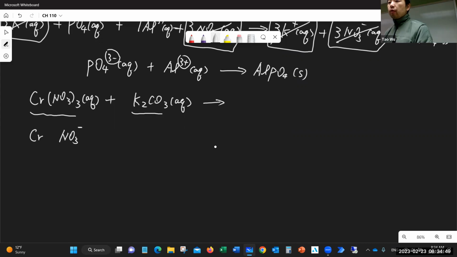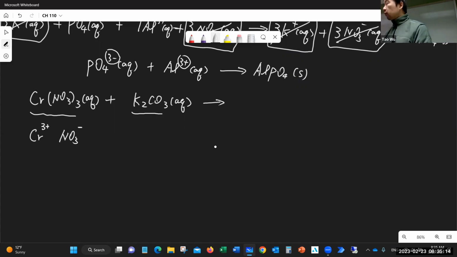Cr(NO3)3, right? We have 3 nitrate to balance one chromium. So how much charge for the chromium? Definitely it's a 3 positive charge, right? That's why I'm saying for a lot of the common polyatomic ions, you're going to remember them.